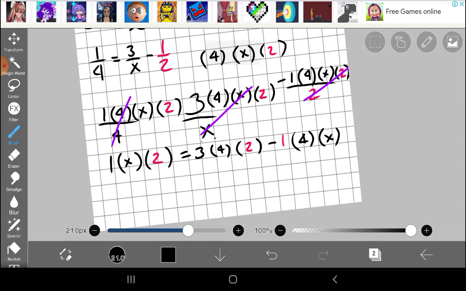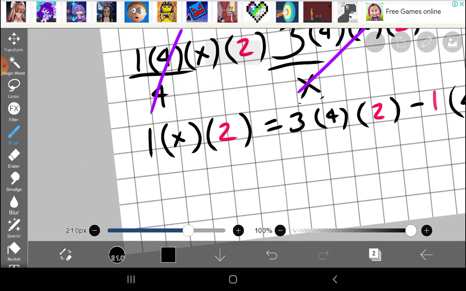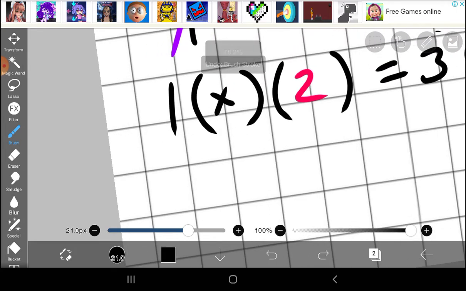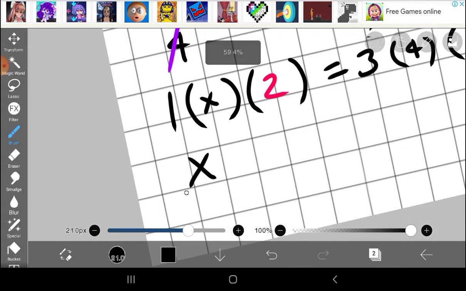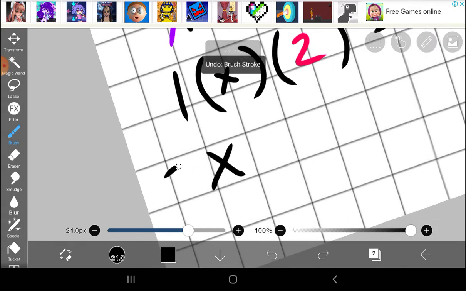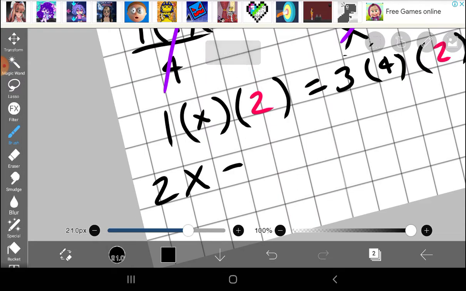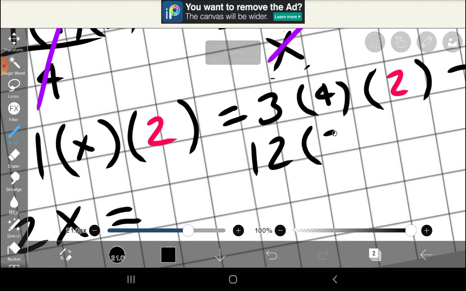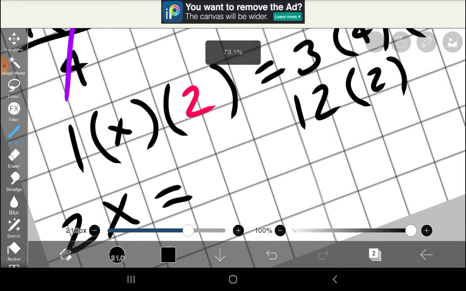So now let's solve. From here we have 1 times x is equal to x. x times 2 is equal to 2x, equal to 3 times 4, 12. 12 times 2 is 24.